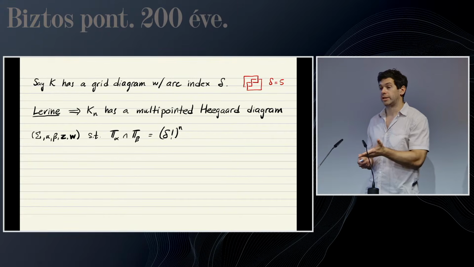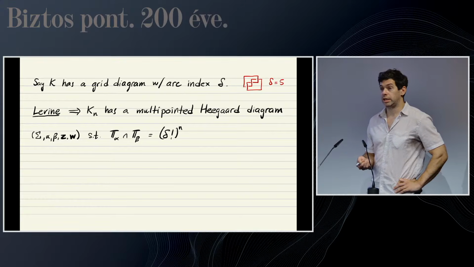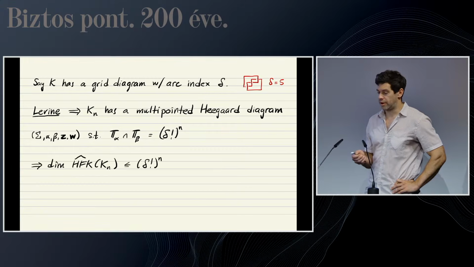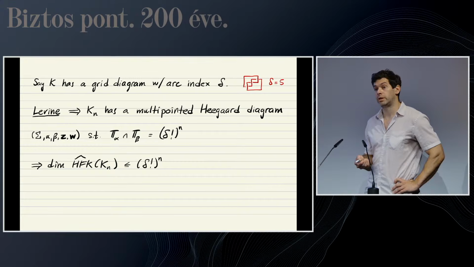And these are what generate the Heegaard Floer complex. And so the Heegaard Floer complex has rank equal to delta factorial to the n. And so the homology of that, after normalization, the knot Floer homology of this lifted knot then has dimension less than or equal to that number, delta factorial to the n.